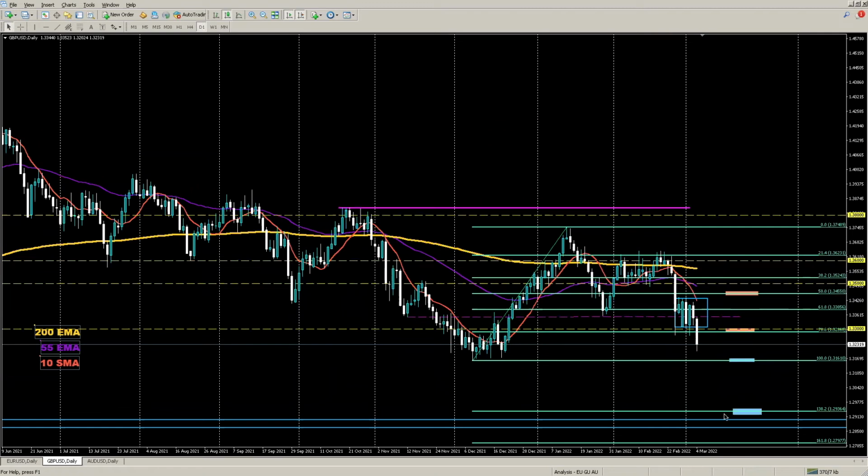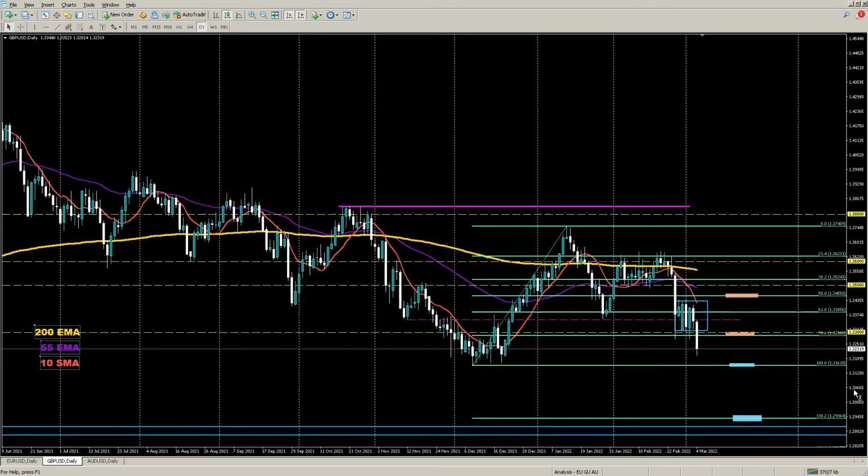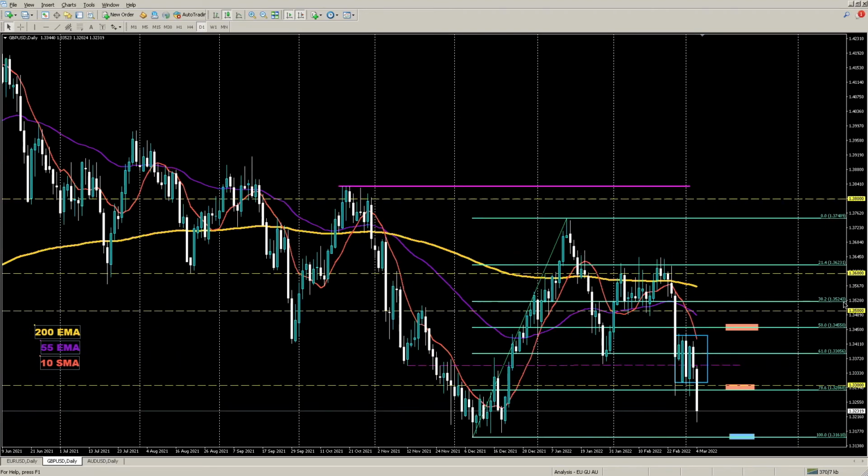Right, so there's still quite some distance away, but past the 138 pip extension, it needs to break down from this support zone and break down lower.